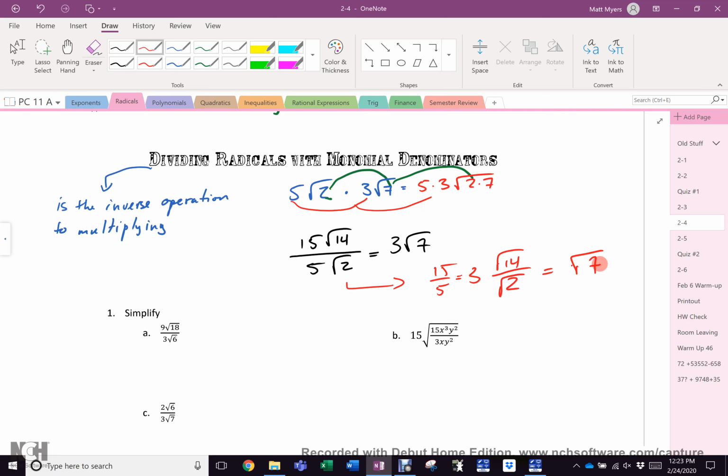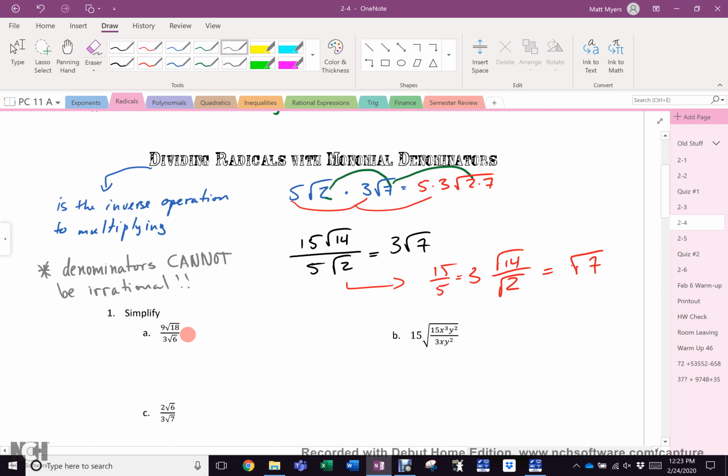Now, there is one small rule, and I'm going to put a star there. Denominators cannot be irrational. So let's start working on this.